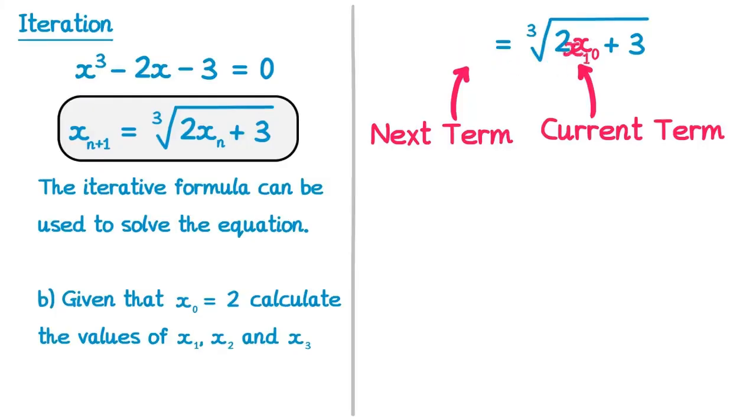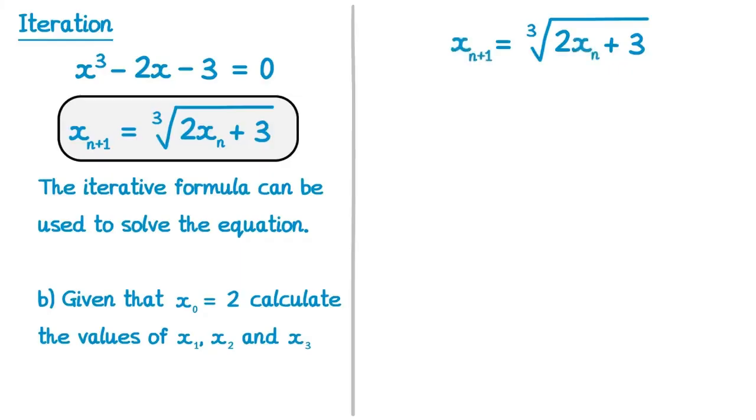You could then take that term and substitute it in, work it out, and you'd get x2. You could then take that term, substitute it in, work it out, and you'd get x3. And you can carry on this iterative process. x3 gives you x4, and so on. So all an iterative formula tells you is the formula you need to use to work out the next term. And that's what we're going to do now.